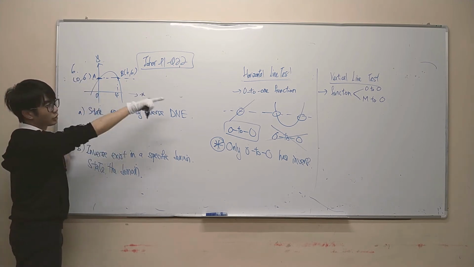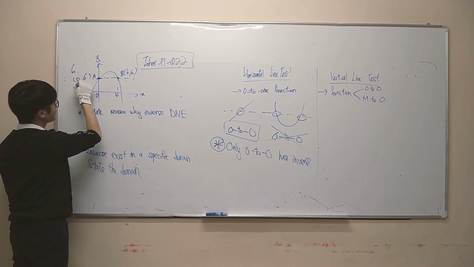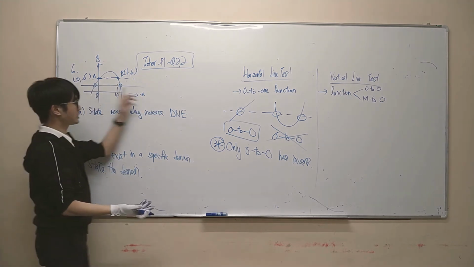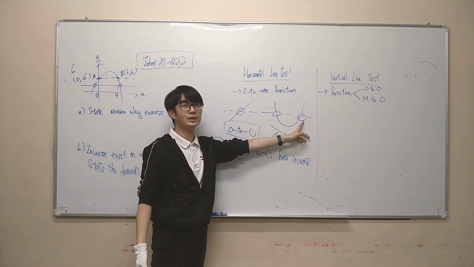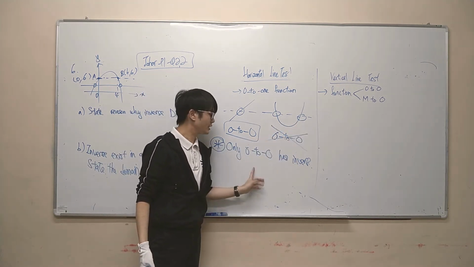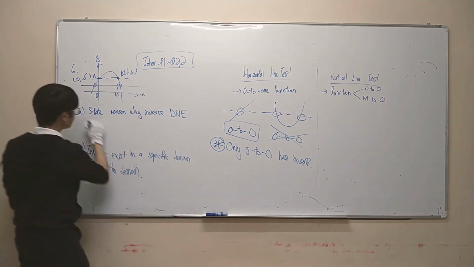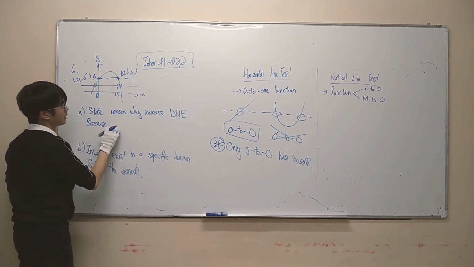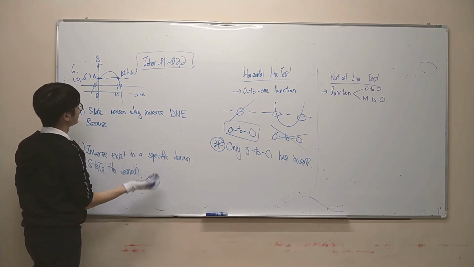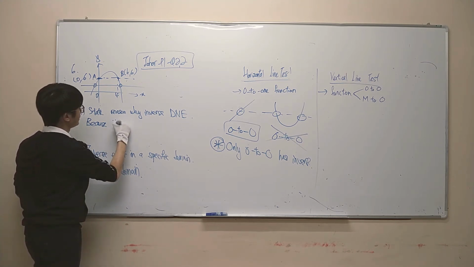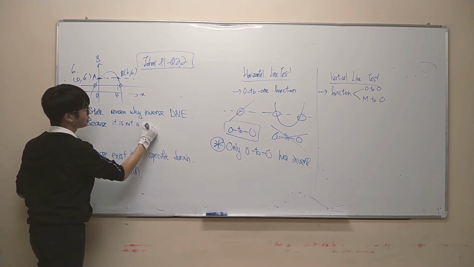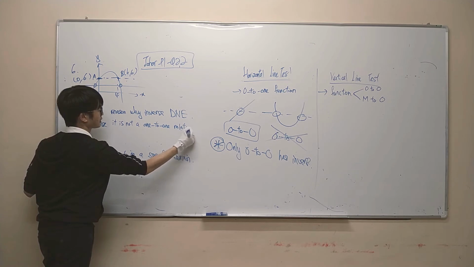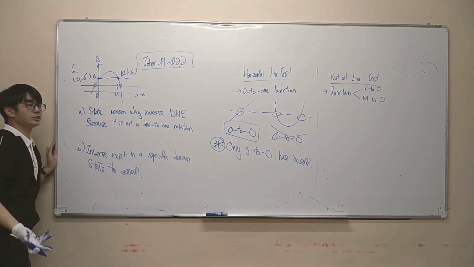Because when you do the horizontal line test, there are two intersection points, which means it's not a one-to-one. That's why it does not have an inverse. So the reason is: because it is not a one-to-one relation. Okay, that should be the answer already.